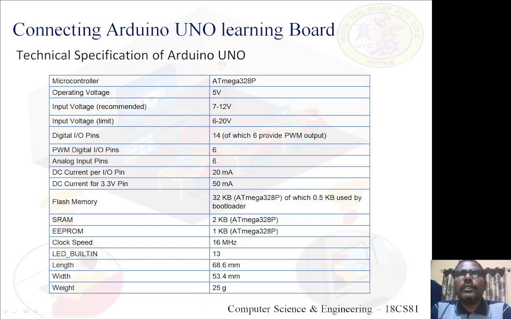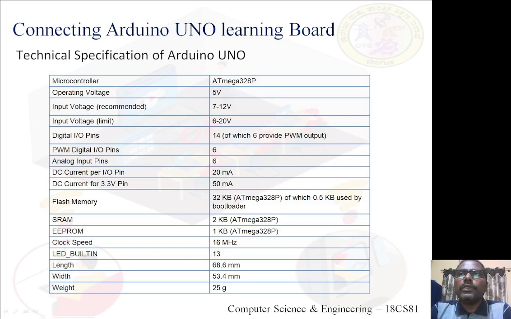And in the previous session, while exploring the Arduino Uno board, you observed there are 14 digital I/O pins, of which 6 provide PWM, that is pulse width modulation output. So there are 6 PWM digital I/O pins.